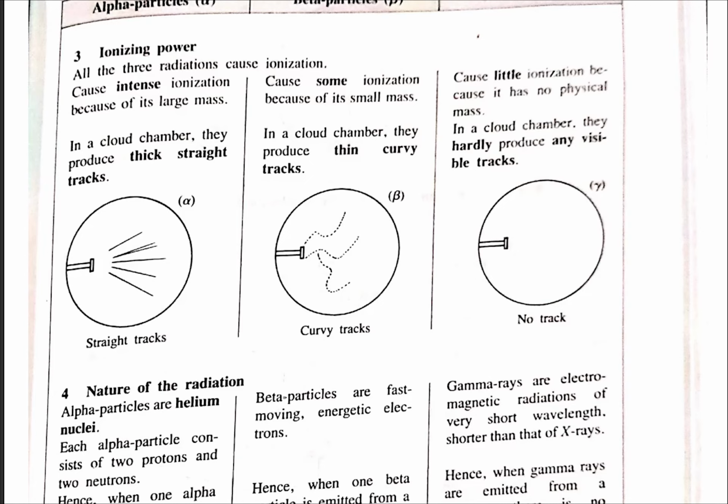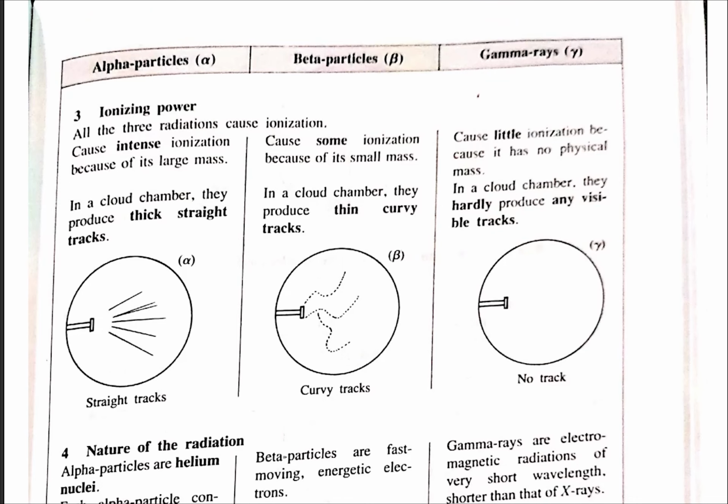Now let's see, based on the same idea, what happens in a cloud chamber if we had alpha, beta, or gamma. What's going to be observed by any person in the cloud chamber if it was experiencing these three different radiations separately?